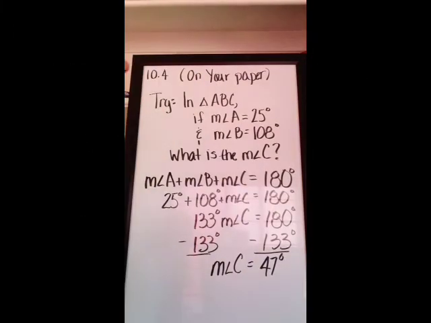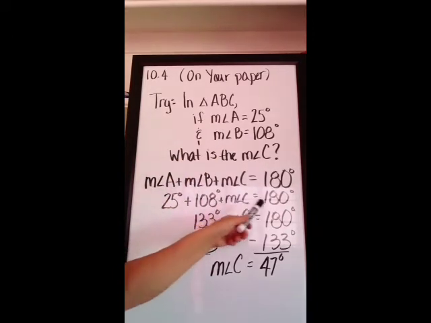Okay, let's check your work. I know that the three angles of any triangle add to 180. So the measure of angle A, the measure of angle B, and the measure of angle C must equal 180. I know A and B. They're 25 and 108. So I substitute those in for the measures here.